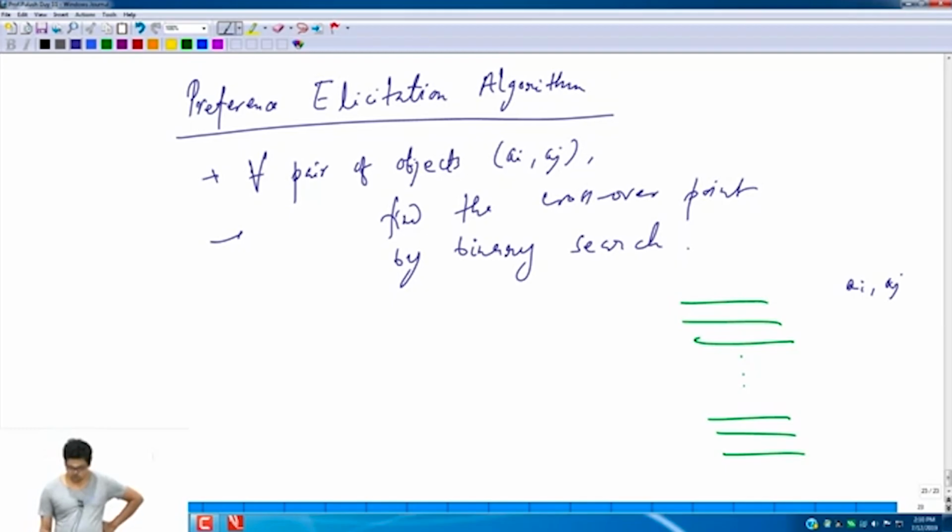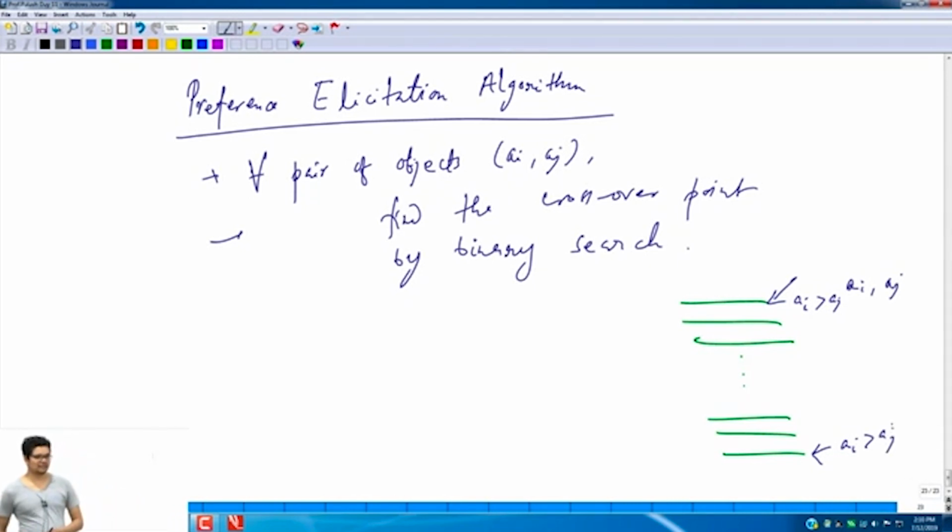I first query the first person: do you prefer AI over AJ or not? Without loss of generality, let's assume the first person says AI is greater than AJ. Then I query the last person. If the last person also says AI is greater than AJ, then I know that everyone in the middle says AI is greater than AJ. I don't need to ask.